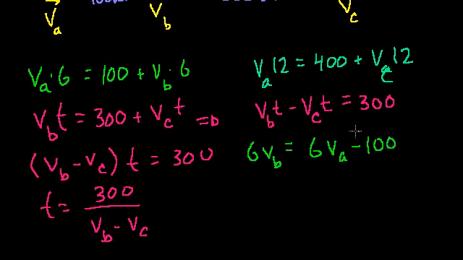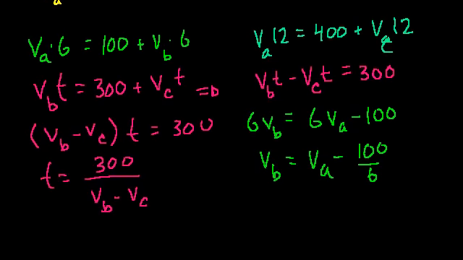All I did is I subtracted 100 from both sides of this equation, and I swapped the sides. Divide both sides by 6. You get the velocity of Bill is equal to the velocity of Alice minus 100 over 6. 100 over 6 or 50 over 3. I'll just keep it as 100 over 6. Fair enough.